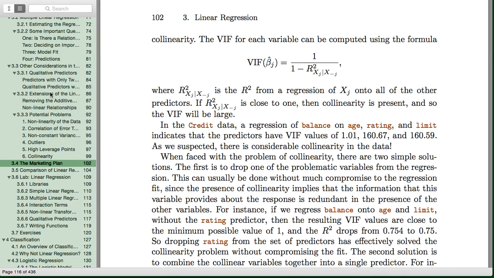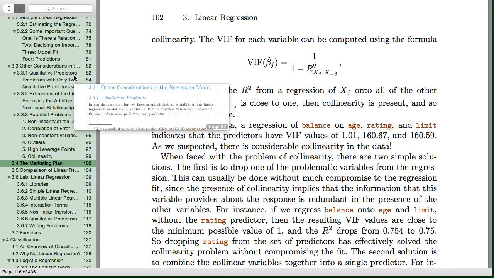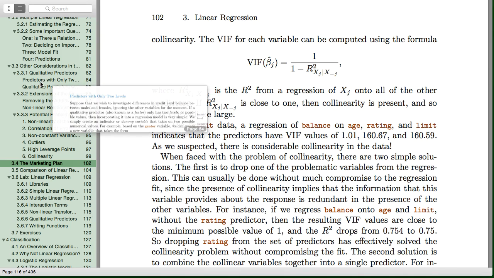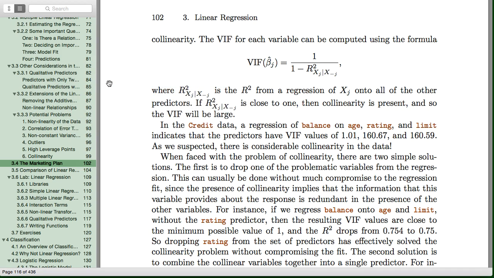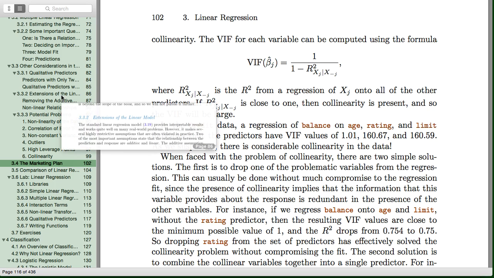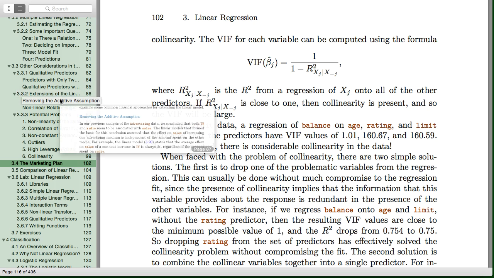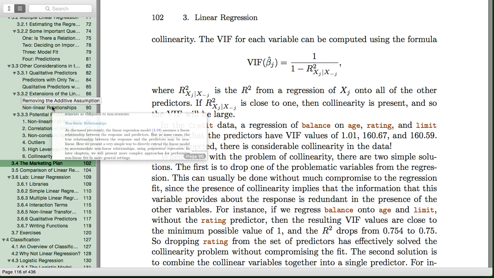So what we've talked about here have been the qualitative predictors, and using either a single indicator variable or one indicator variable fewer than we have classifications for the predictors. Then we talked about extensions of the linear model, either adding an interaction term or adding a quadratic term.